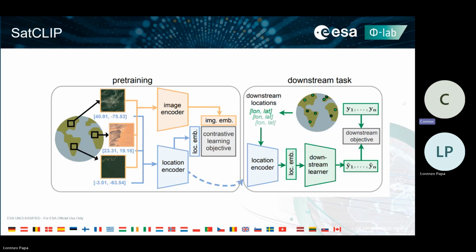In the downstream task, for example, we want to detect the location, so we use the location encoder. We apply a downstream objective; we can also generate the image, if you want, giving the label as input.